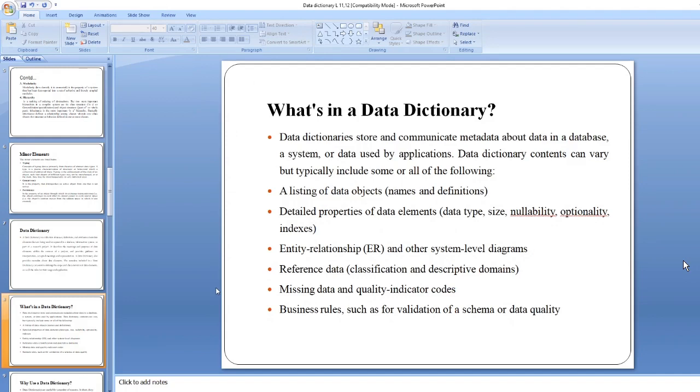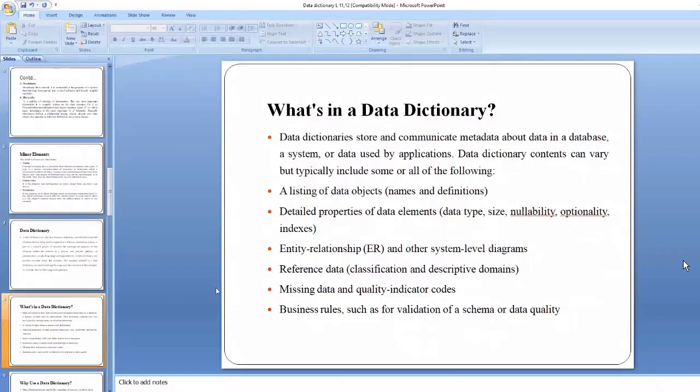A data dictionary has metadata, and the data used by different applications, but it has a few more things. First, a listing of data objects, meaning their names and definitions. Next, detailed properties of data elements: data type, size and nullability, if something is missing or does not have any information.